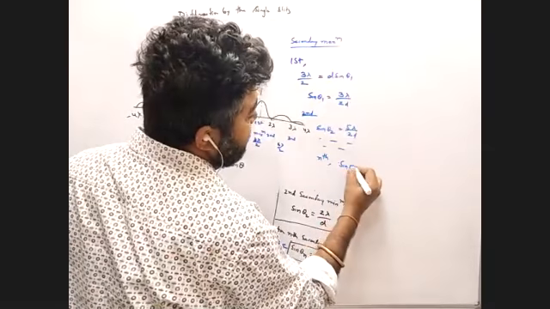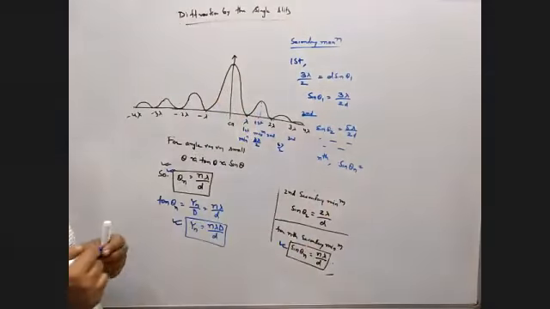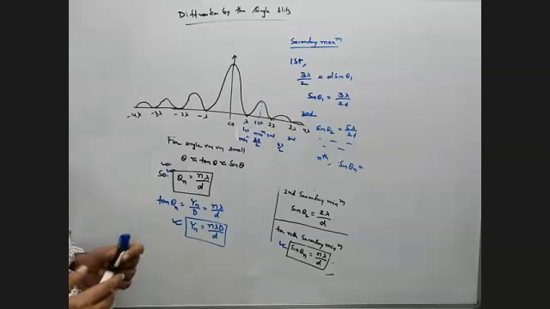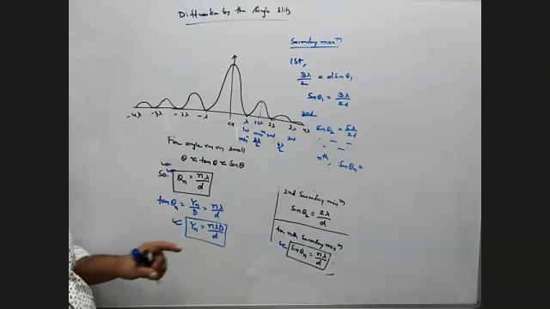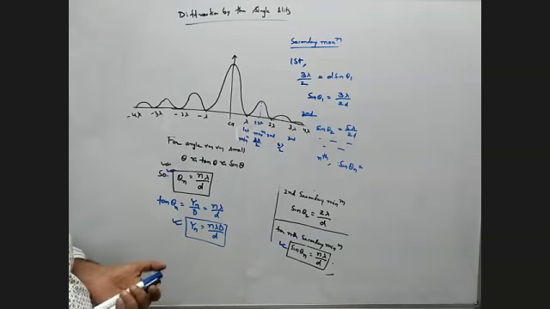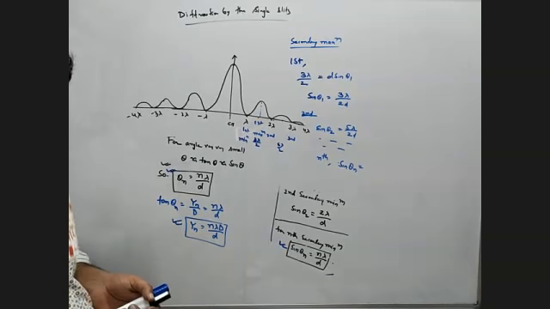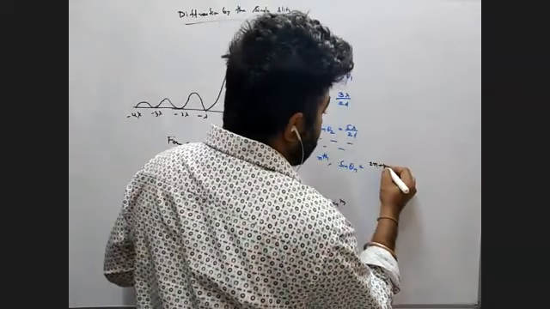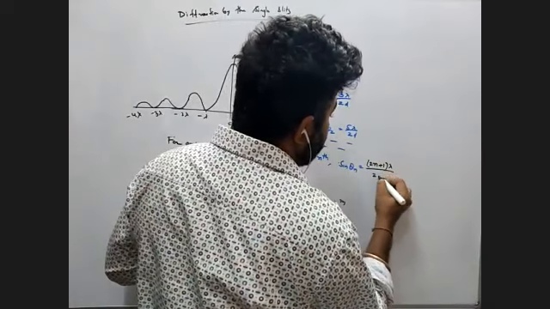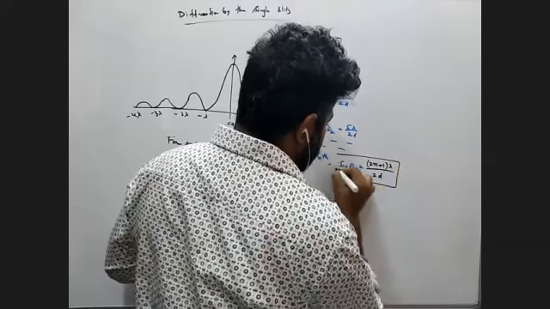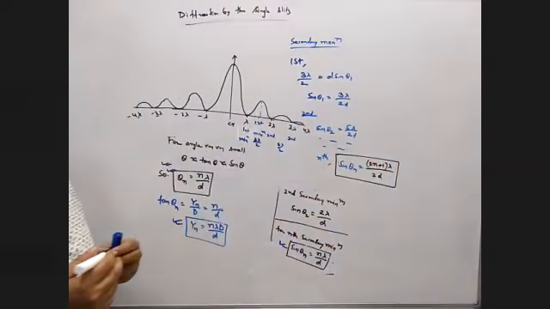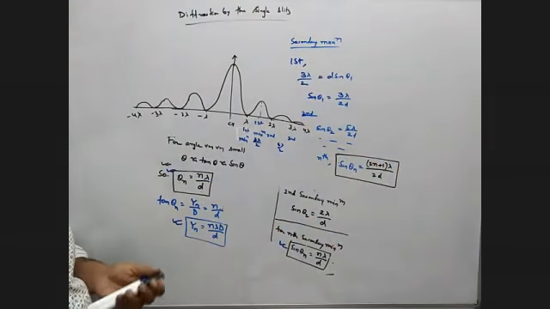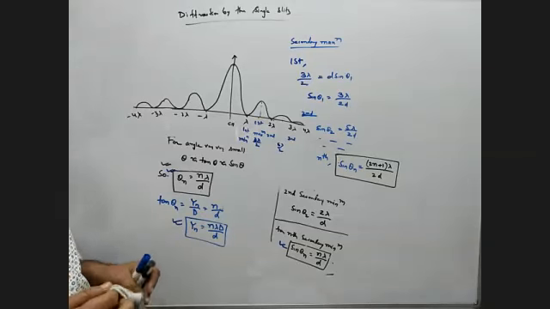For nth, sine theta n, what can we write? For the first it is third, for the second it is fifth, for the nth it is 2n plus 1. Very good, excellent. So sine theta n is (2n plus 1) lambda by 2d, that is the nth.